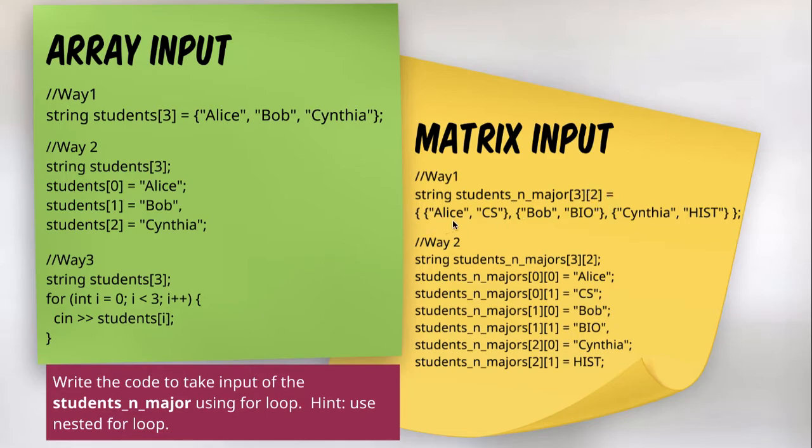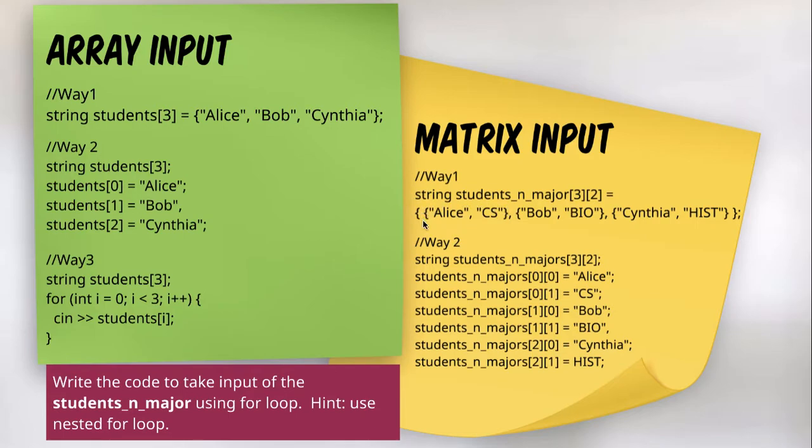Now look at this initialization very carefully. In this initialization, there are 2 sets of opening and closing curly braces. The outer set of opening and closing curly braces stands for the rows. And inside this, all the other pairs of opening and closing curly braces point towards the columns inside those rows.